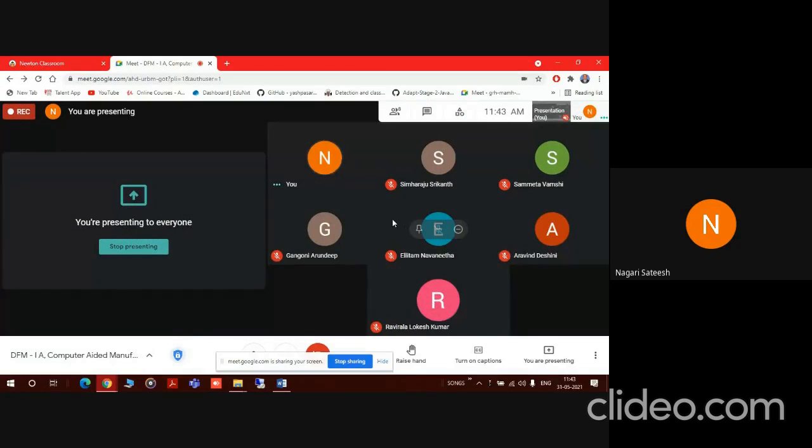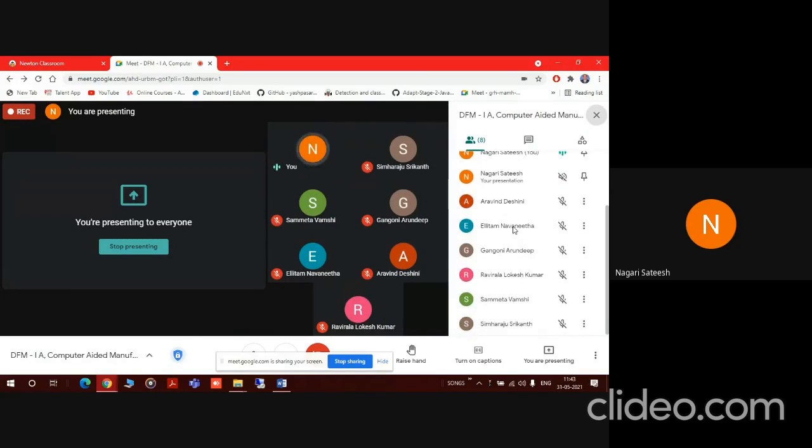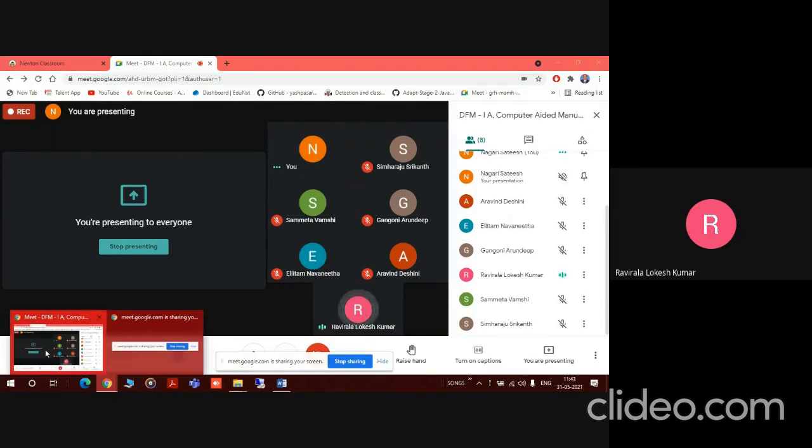Who are there? Srikanth, Arvind, Navnita, Arundip, Lokesh, Vamshi, Srikanth. So, Lokesh has joined.